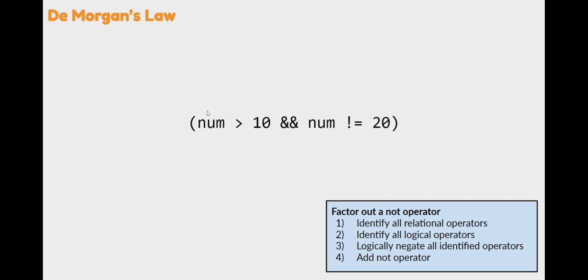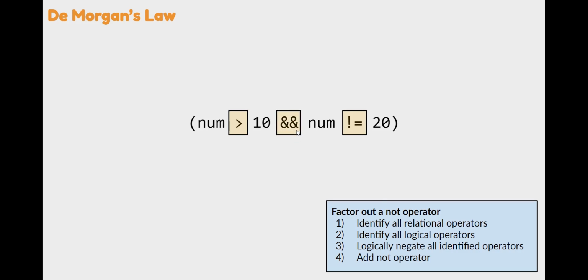Starting off with an expression that does not have a not operator on the outside, to write an equivalent Boolean expression, we are going to factor out a not to put on the outside. We are going to follow some very similar rules to when we distributed in the not operator. We still start off by identifying all of our relational operators. In this case, we have our greater than sign and our not equal to sign. We still identify our logical operators.